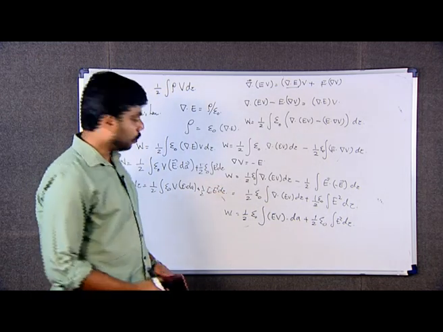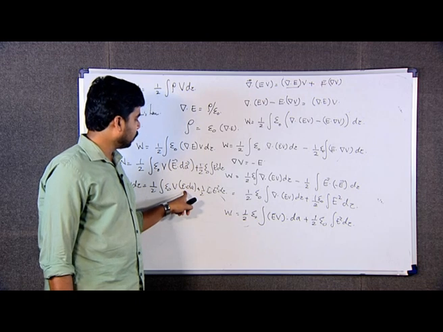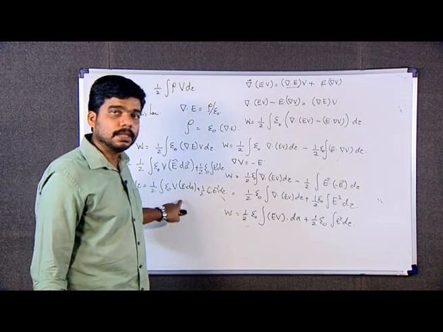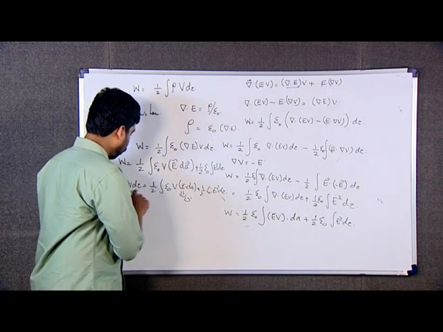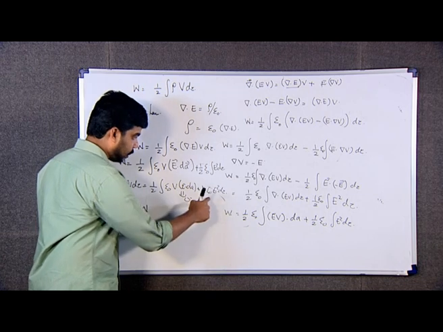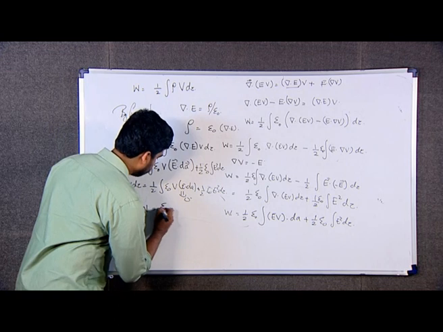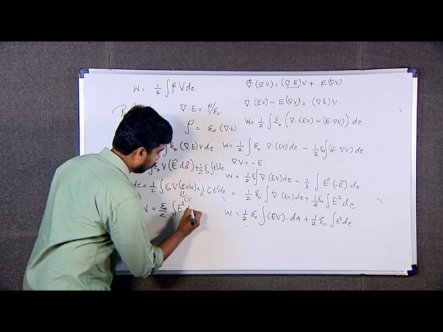This surface term varies as 1 by r square. If you integrate over more and more space, this term will vanish, and over the whole space only the second term survives: W equals epsilon 0 by 2 integral E square d tau.